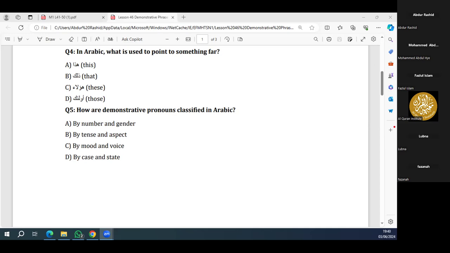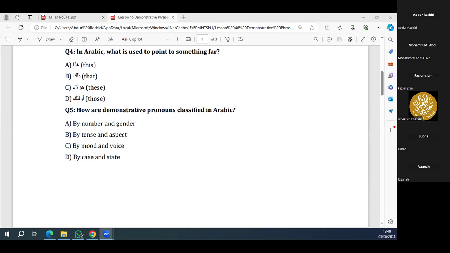Ismul Ishara male, say haza, and then can you use kitabun, which is male, but if you make it kitabatun, would that be okay as a demonstrative pronoun? That is the question to you. Is it number and gender which should match, or tense and aspect? Vague, wrong answer, eliminate B.